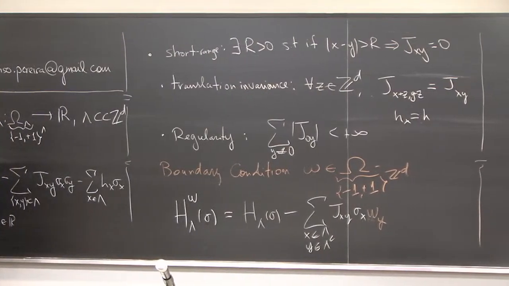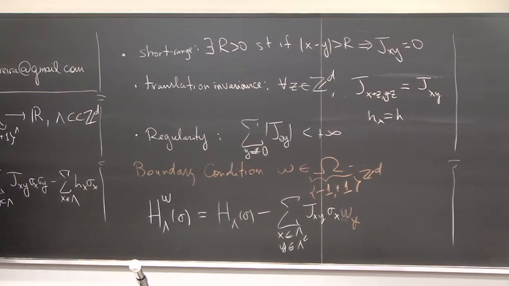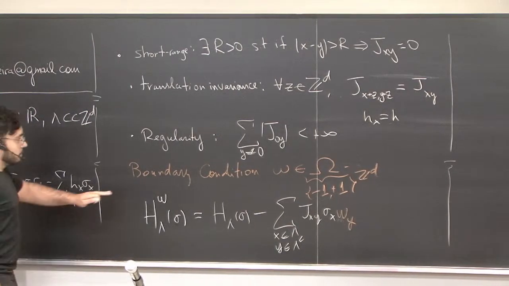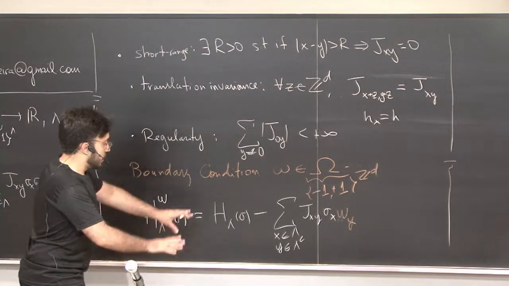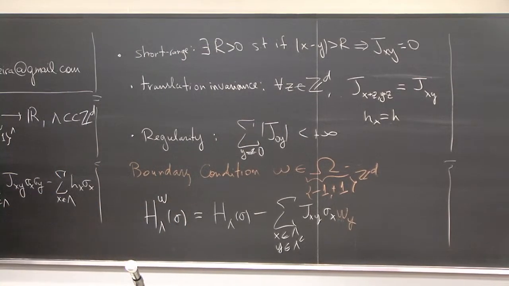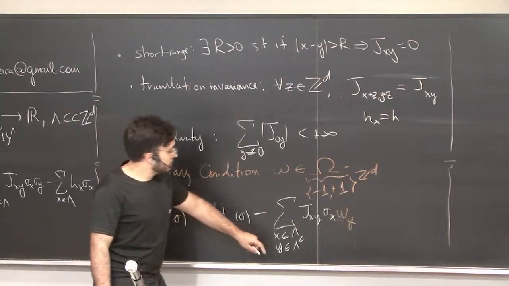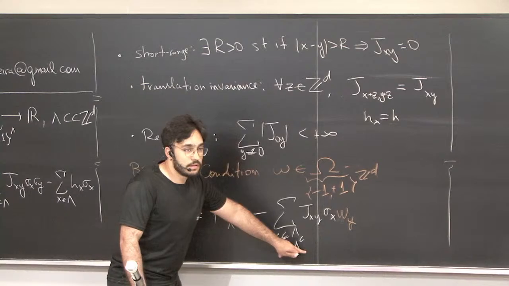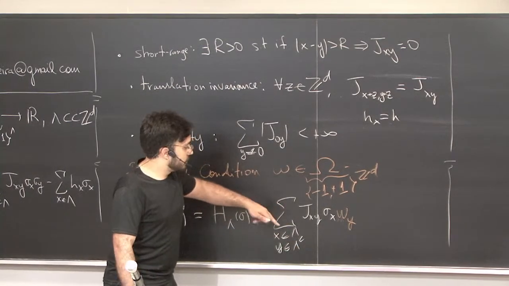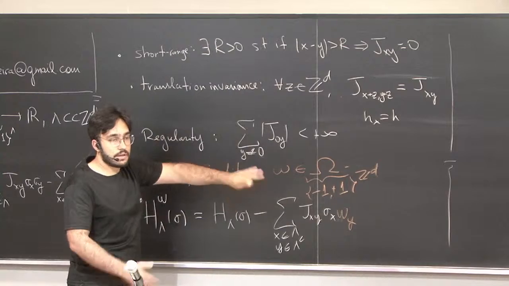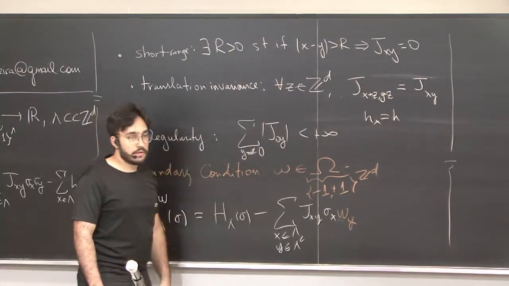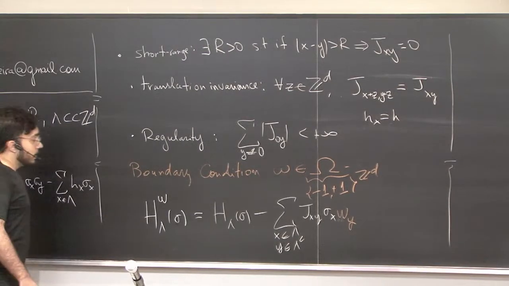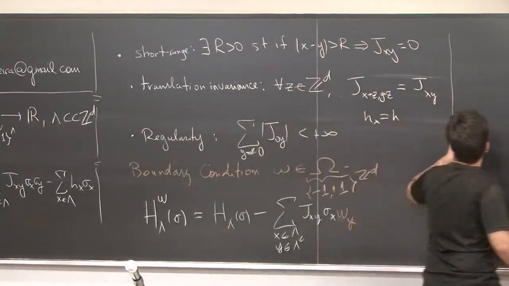Actually, for non-translation invariance, you need more. You need the supremum over all x to be finite. And then the Hamiltonian is well defined in this case because since Λ is a finite set, the complement is always infinite. So this will be a series, and if you have this condition, you can show that this series converges.